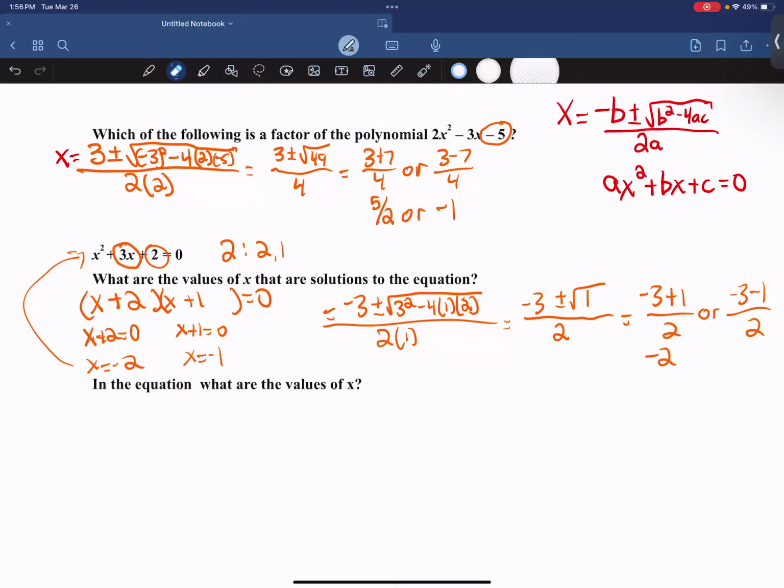Negative 2 divided by 2, so negative 2 divided by 2 equals negative 1. And negative 4 divided by 2 will equal negative 2, sorry. So that'll still give you your same roots. So either way, if you can look at it this way, it makes your work a little bit more straightforward, but you can use the quadratic formula for any polynomial like this.